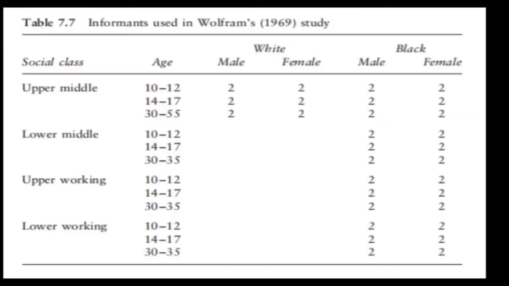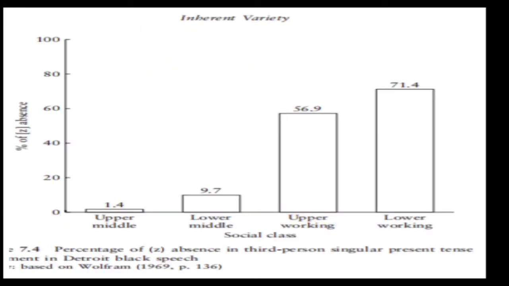Alright, now we are going to the statistics. We can see that the statistic above is about the percentage of the absence of third person singular present tense agreement in Black speech.